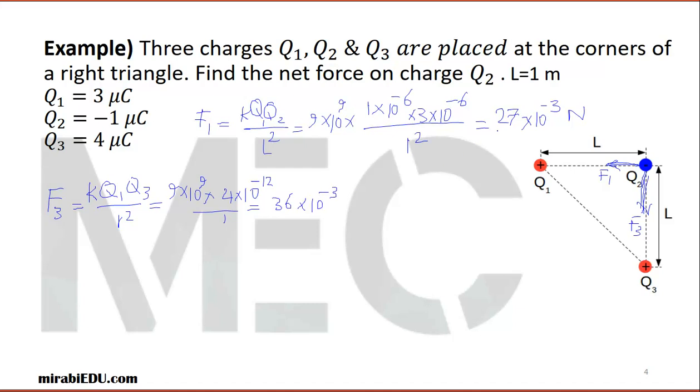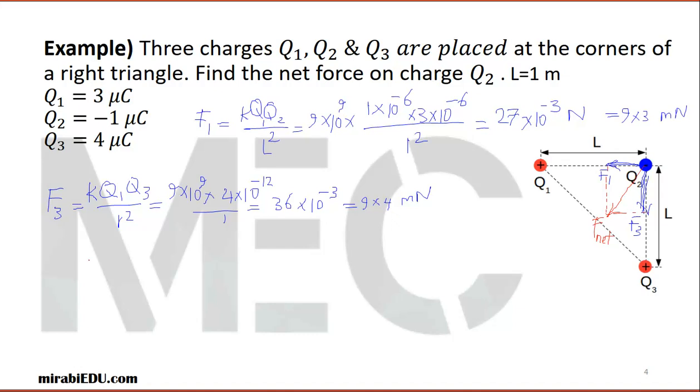Let me rewrite these numbers to be 9 times 3 millinewton and 9 times 4 millinewton, because I want to show that they are Pythagorean. They will make a Pythagorean triple, and the resultant force will be something like this. Let me call this F net or F total.